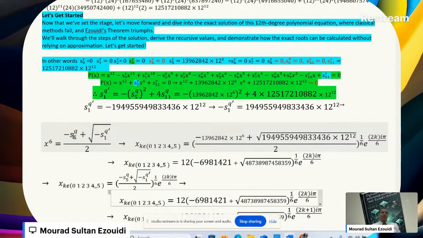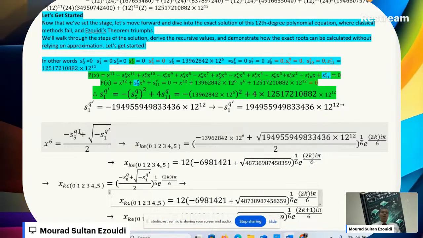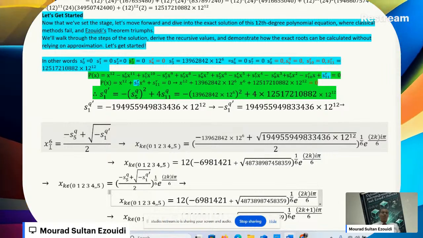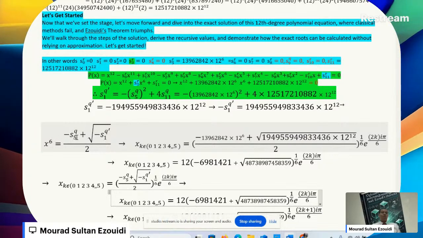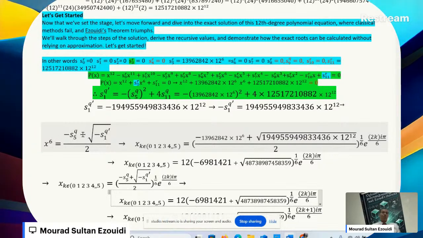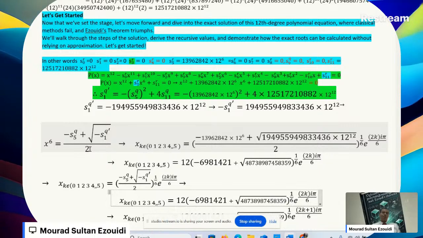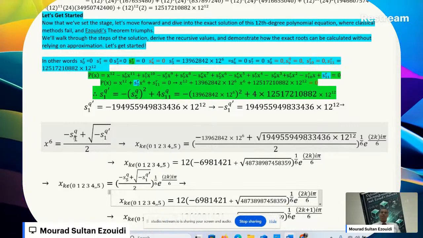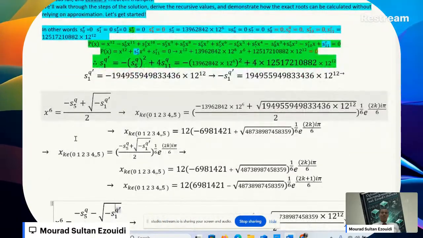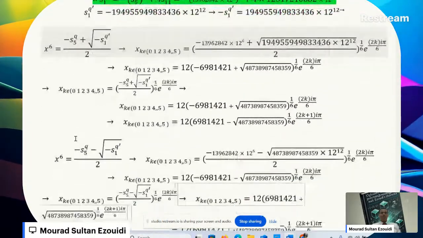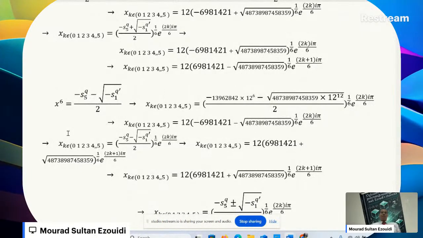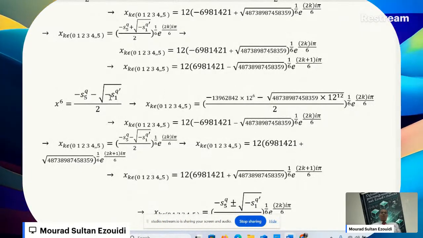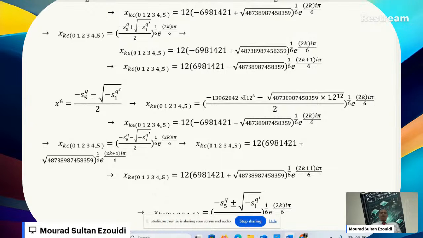Now I'm going to use minus S5 over 2, minus, because I have to use x raised to the power 6 equals negative S5 over 2 plus the root of the discriminant divided by 2, or x raised to the power 6 can be written as minus S5 over 2 minus. Okay, meaning one time is minus and the next is plus. So this is minus. I will make substitution.